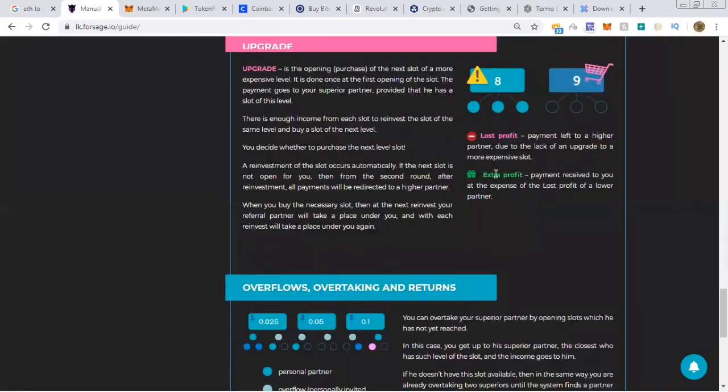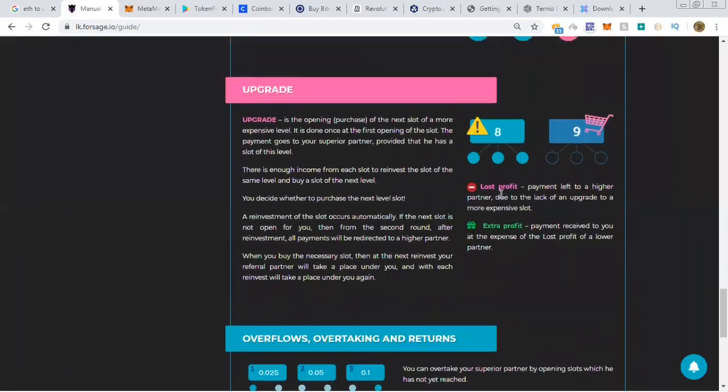All right. And again, if you happen to be the person who earns that income, in a case where you can also be overtaken by your referrals, right? So if you have someone who's below you and you haven't upgraded to that income position, then if they decide that they want to upgrade to that position, either because they have their own referrals who are hot on their tail and ready to upgrade, so they don't want to miss profit, so they go ahead and upgrade, right?